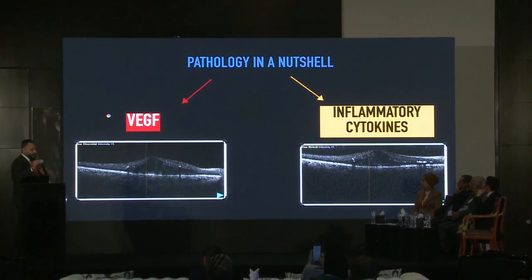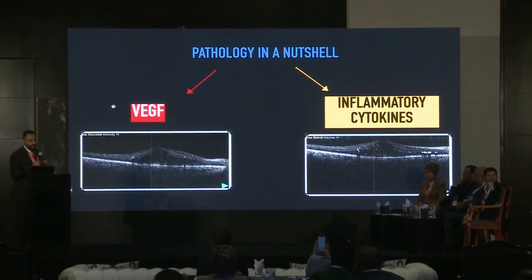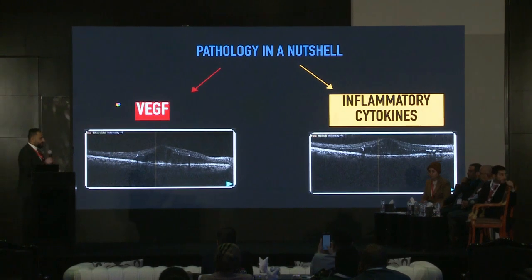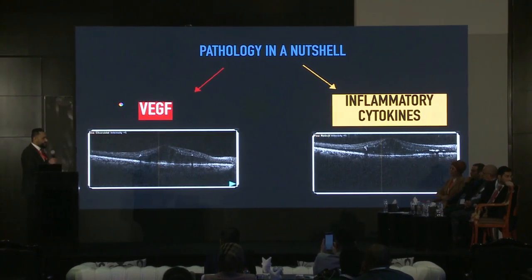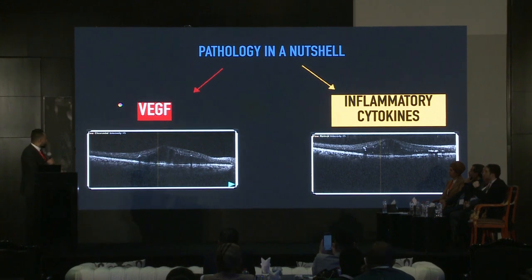To understand the pathology, we have to know that we have two important factors. The VEGF factor, which is responsible for the starting of edema, and after that, the inflammatory cytokines, which are responsible for the further leakage.